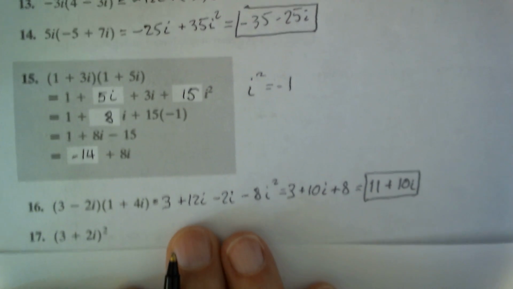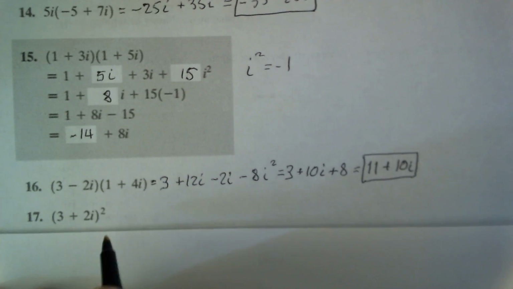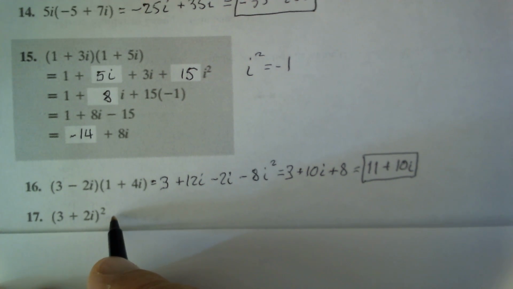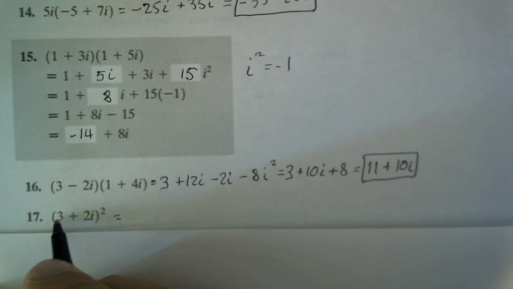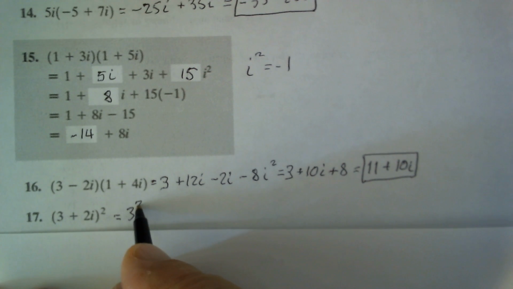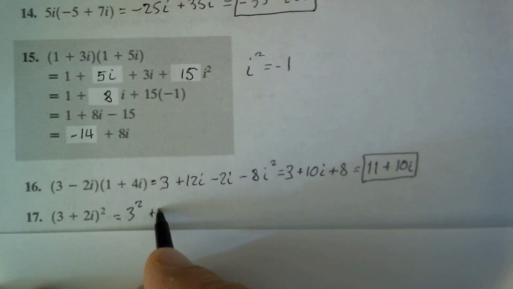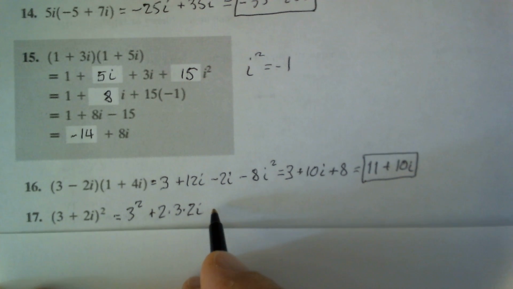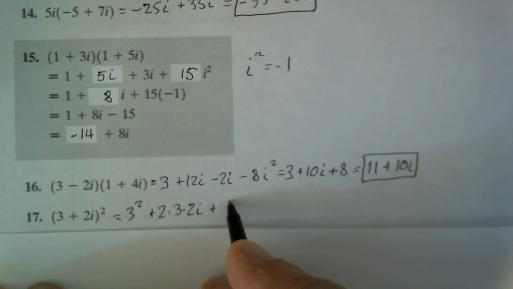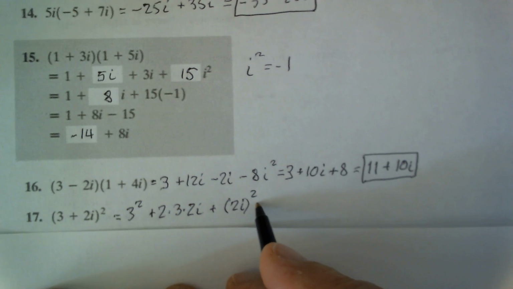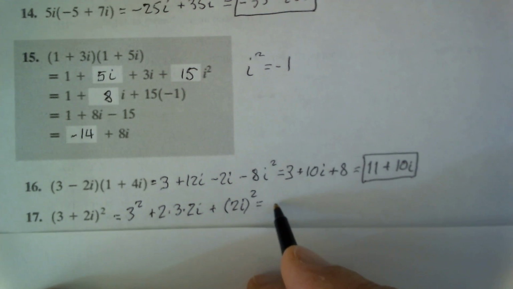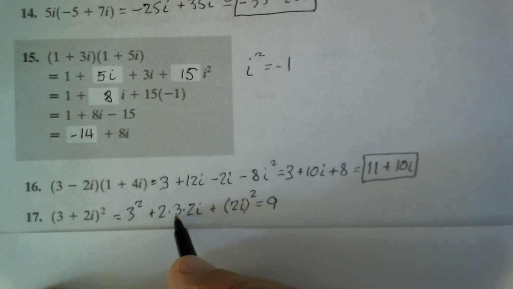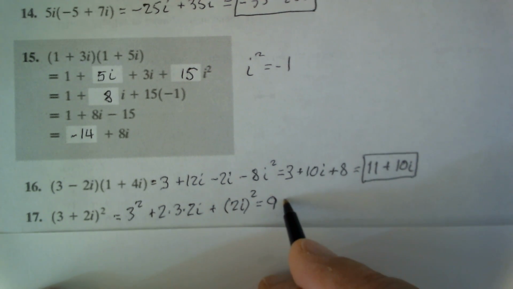And number 17, we can use the expression a plus b quantity squared. So it'd be a squared, in this case 3 squared, plus 2 times 3 times 2i, plus 2i squared. So 3 squared, of course, is 9. And 2 times 3 is 6, times 2 is 12i.